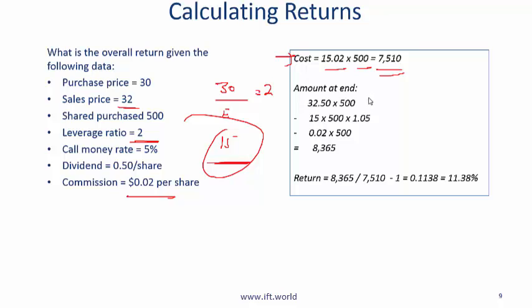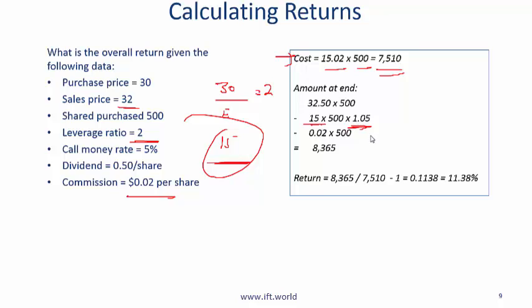Now, at the end of your holding period, you also calculate how much money you have. So you are told that the share price is 32, which means you will have 32.50 into 500, but you need to pay back the loan. How much did you borrow on a per share basis? You borrowed 15. We've established that stock price was 30, you put in 15, so obviously you must have borrowed 15. So 15 per share, and where is this 1.05 coming from?